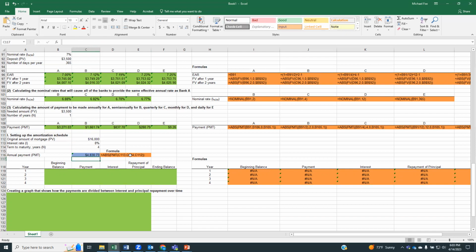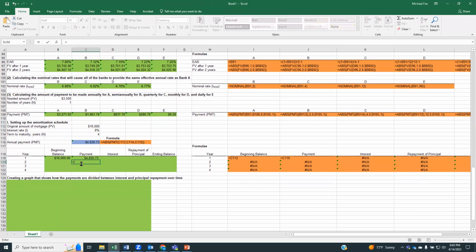So here's how we make an amortization schedule. Our beginning balance is what we owe at the beginning. So that's going to equal the 16,000. Our payment is what we just calculated right here. In fact, our payments stay the same all the way through because we make the same payment each year.